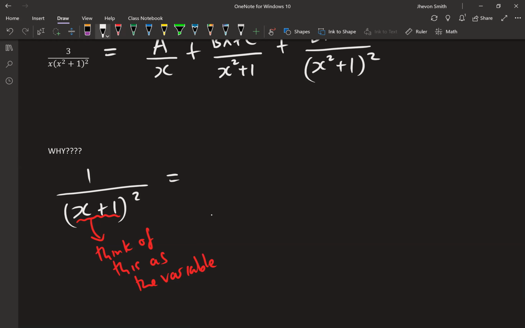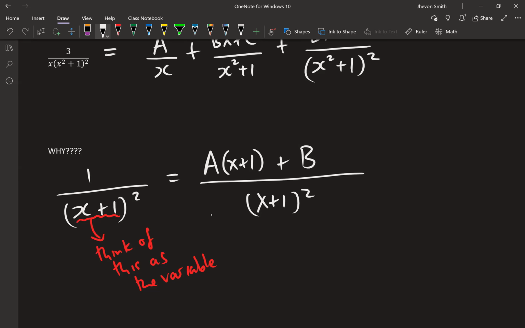Now, what that means is the linear factor that you would put on top is going to look like the following: a(x plus 1) plus b. So you don't let x be the variable. You think of x plus 1 as the variable.